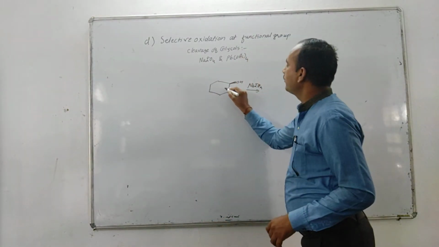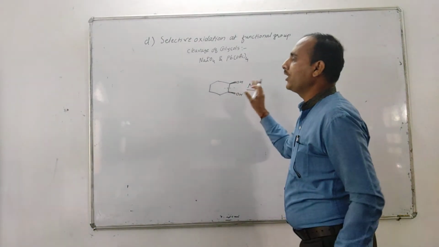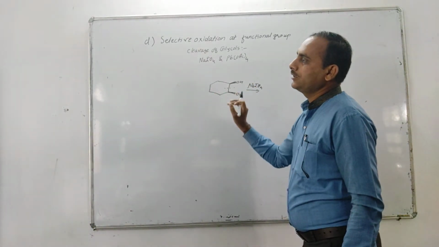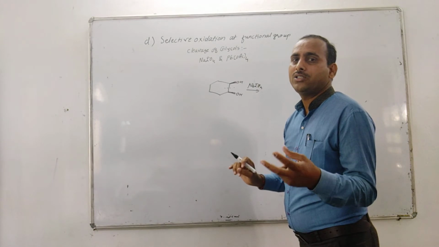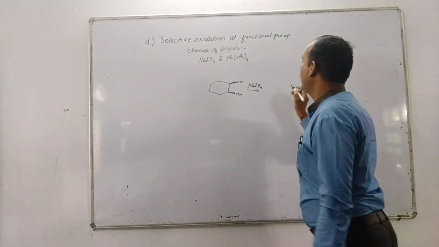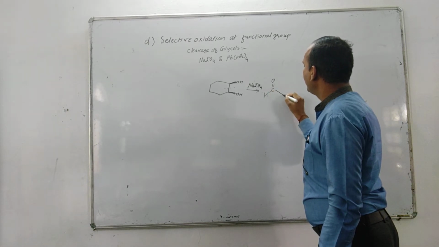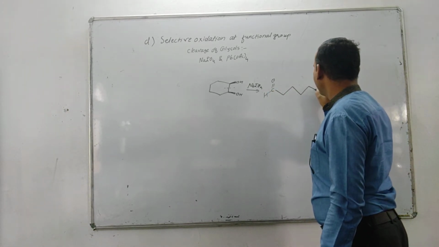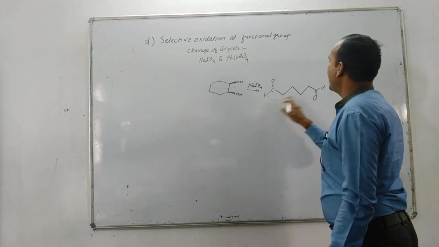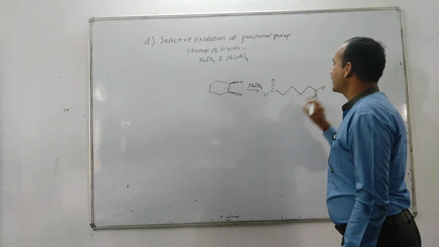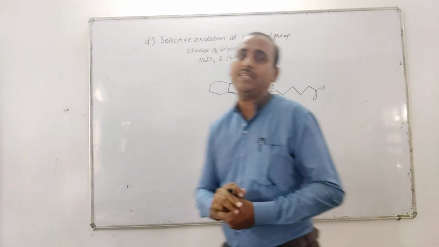Now here this bond undergoes cleavage to form the 6 carbon dialdehyde, that is hexanedial. C double bond OH, 1 2 3 4 5 6. So this 1,6-hexanedial is formed.